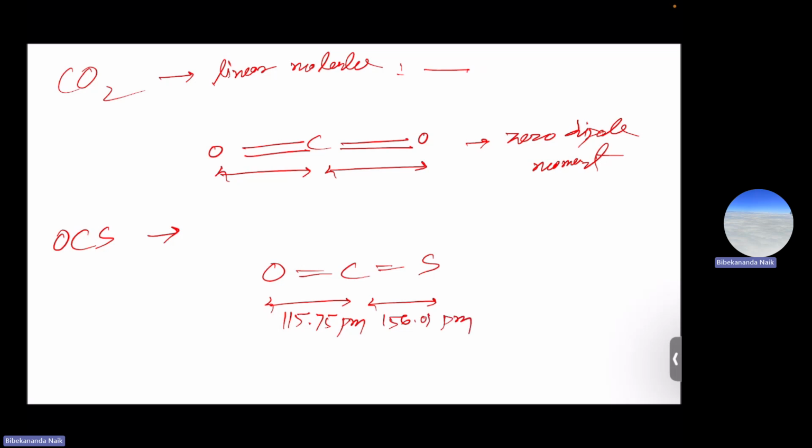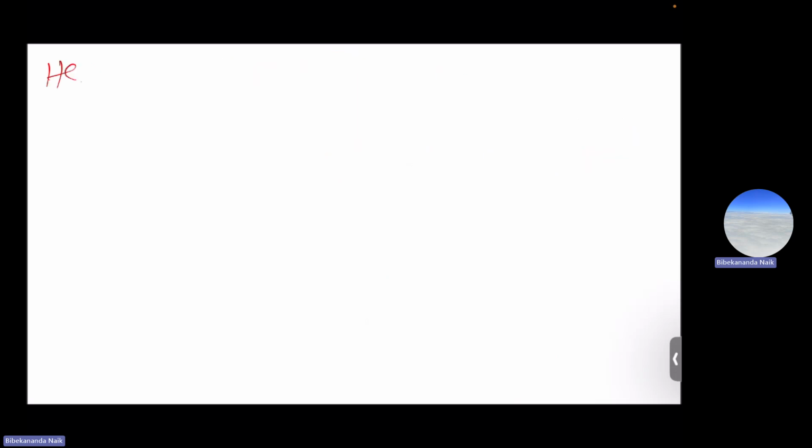Since the bond lengths are different on both sides, and O is more electronegative than carbon, the bond length is lesser on this side. Due to this type of structure, it has a permanent dipole moment.